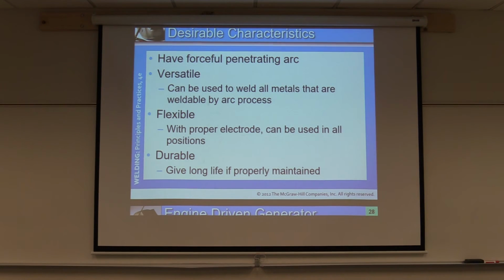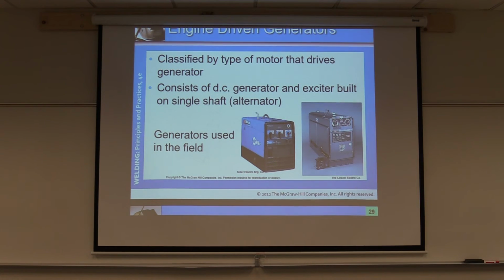It has a forceful penetrating arc, it's versatile, can be used to weld all metals that are weldable by arc processes, flexible, can be used in all positions, and durable, it gives long life if properly maintained. Okay? All right, let's go to engine-driven machines.